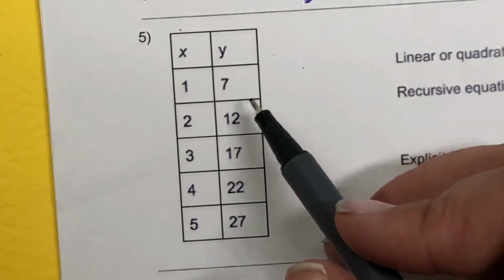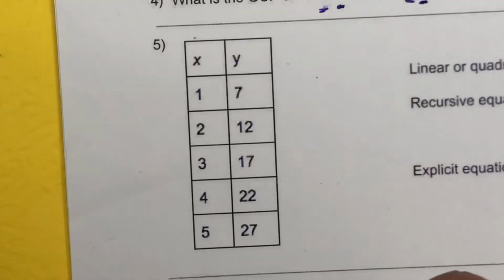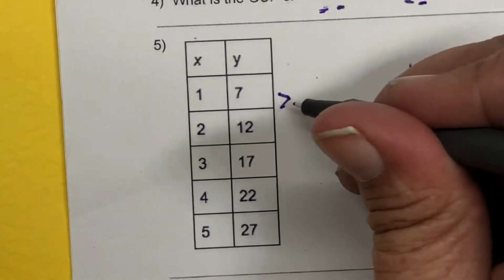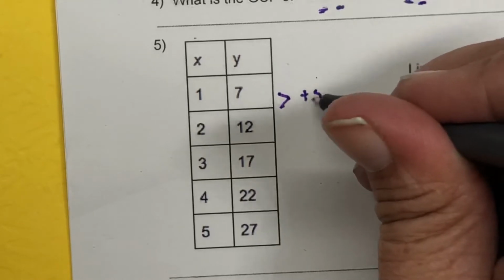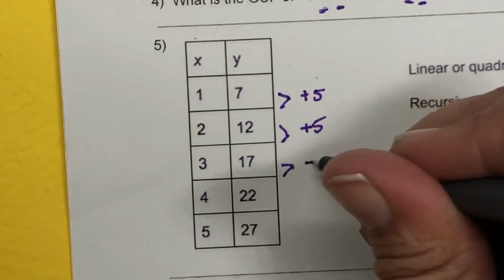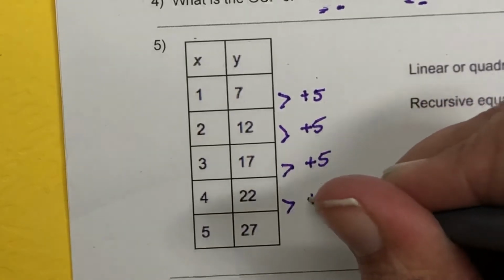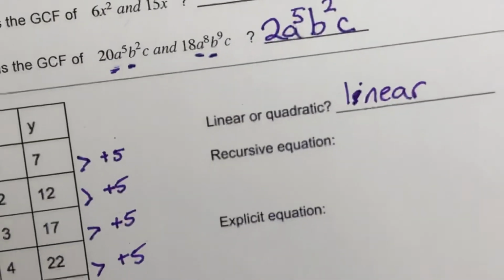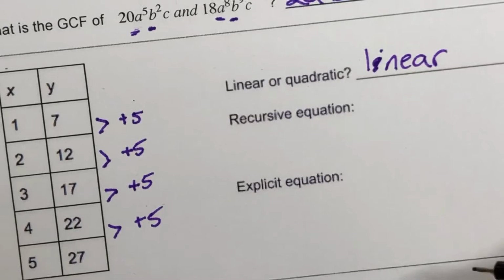All right, so now we're looking at number 5, to see if it's linear or quadratic. So we look for first differences. This would be plus 5, and yep, looks like they're all plus 5. So that tells us that this is a linear function because the first differences are all equal. Then it wants to know the recursive equation.